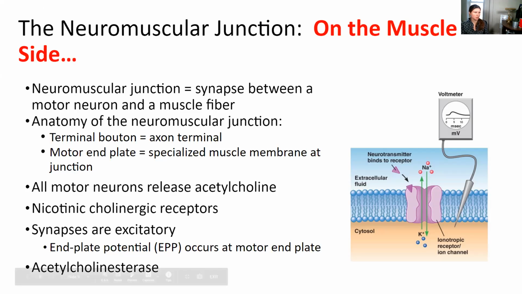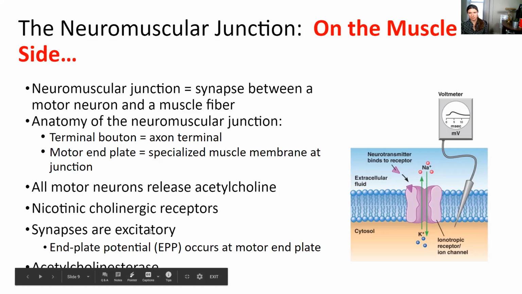So it's important to note, because these synapses are all excitatory, what we would in our neuron to neuron connections call a postsynaptic potential, we're going to specifically refer to as our end plate potential, because we're now on the muscle fiber. So on the motor end plate, we'll have an end plate potential.